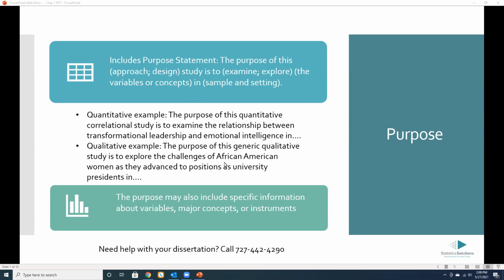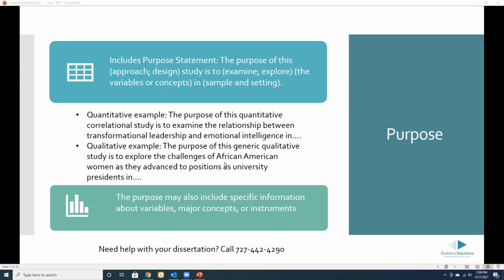The purpose of this approach, design, meaning the purpose of this quantitative correlational study, or whatever the design is, if it's qualitative, a qualitative phenomenological study, okay, is to examine, explore.